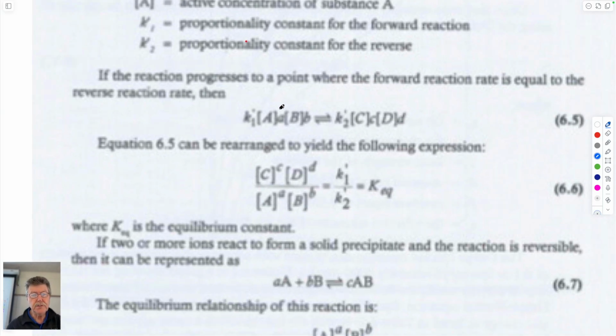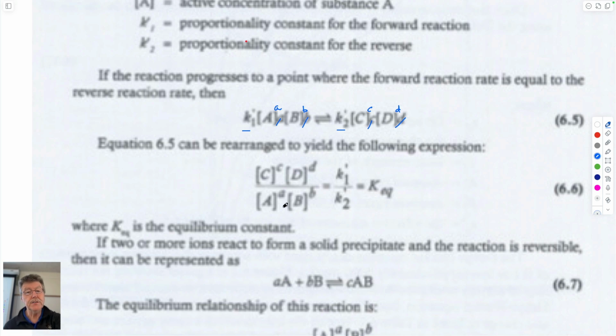And if we equate them to each other, these should be exponents, not multiplied by C and D, where we hope to know the rates at which we have these forward and reverse reaction rates occurring.